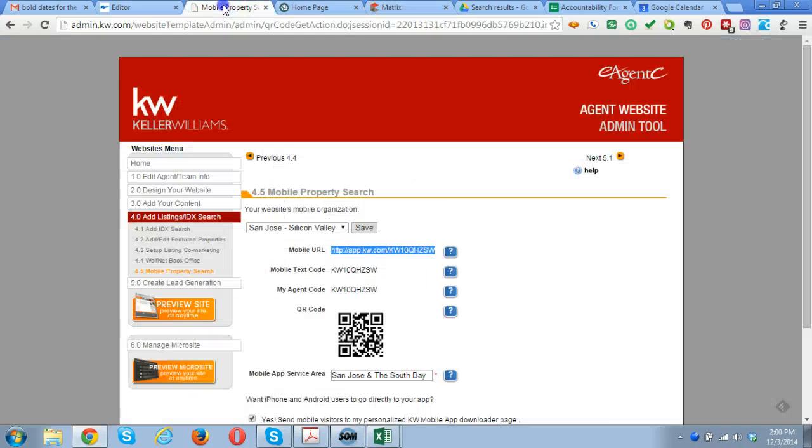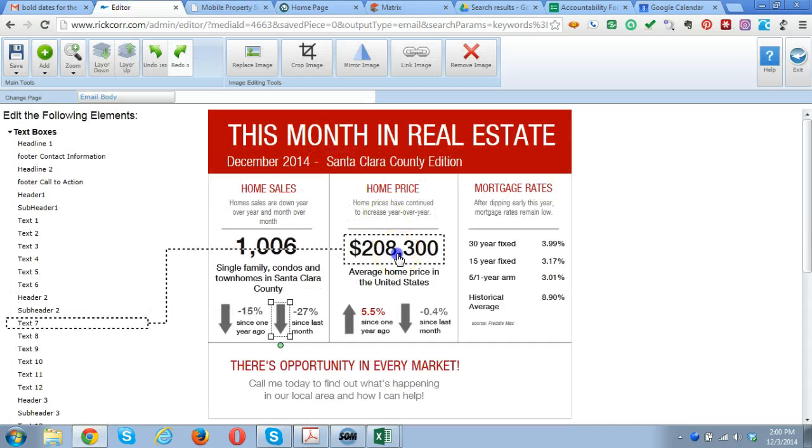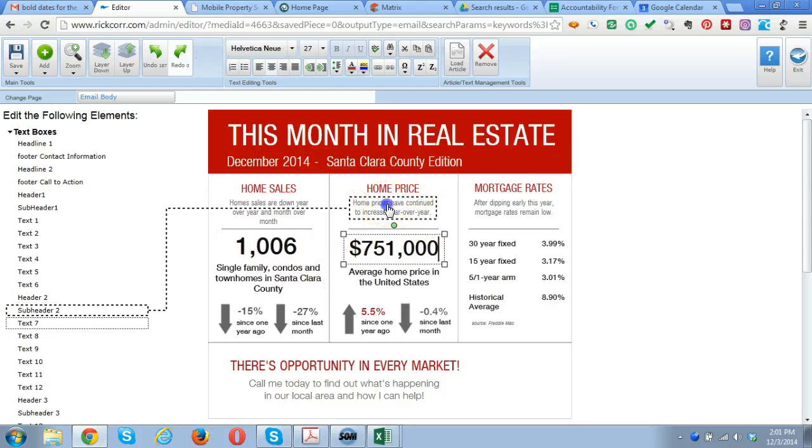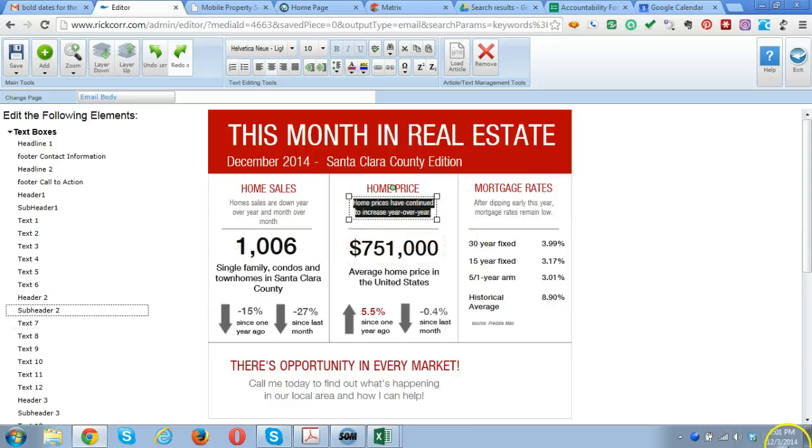We go back here someplace, and 751,000 is our number. So this says they've continued. How about this? Home prices have continued to increase year over year. This is true. I generally try to do the least I can possibly do to get away with making this.